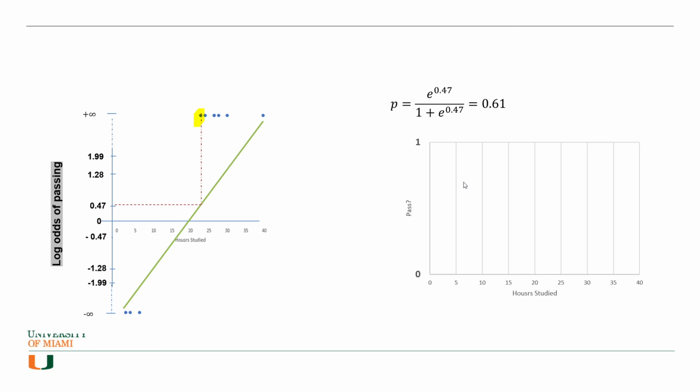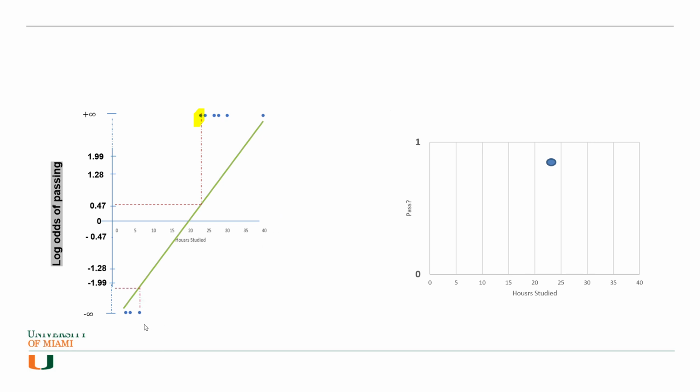Now you can plot that in a scatter plot. So between 0 and 1, because we are working with the probability. And for the student that has studied about 23 hours, this guy here, the probability, assuming that we are working with this green line, is going to be 0.61, and that is the y axis for this particular point. Now you can do this for all of the observations in your data set.